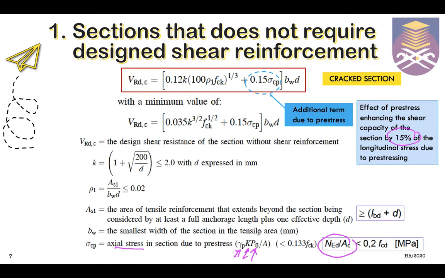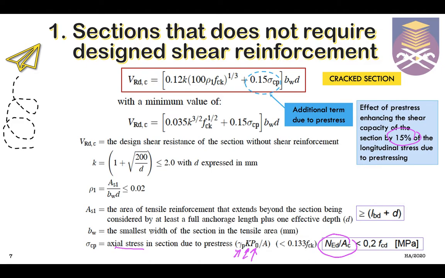Okay, so as for our value, we need to consider these factors as well. Then divide this by the area, and these values are limited by this, which is 0.2 times fcd, right? So as for the value here, we are required to do the comparison between the value that we have calculated, which is NEd over Ac, and the value has to be less than 0.133 fck, right?